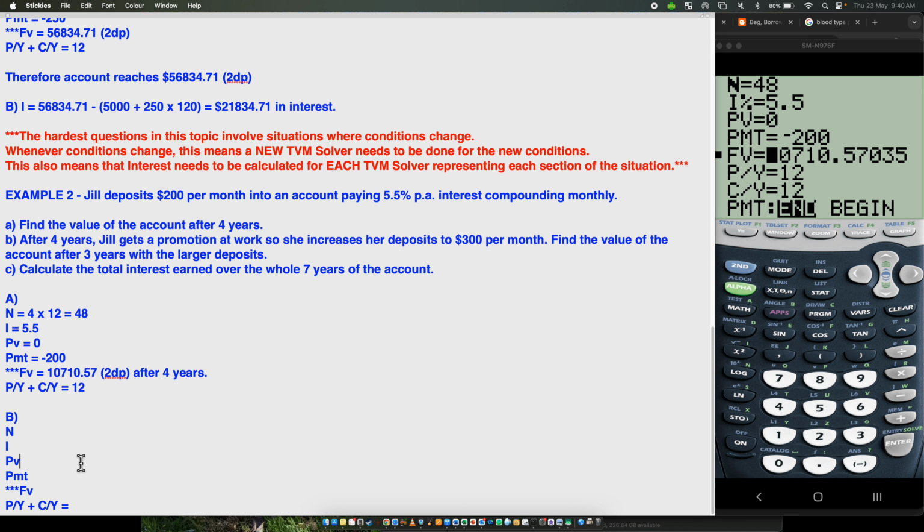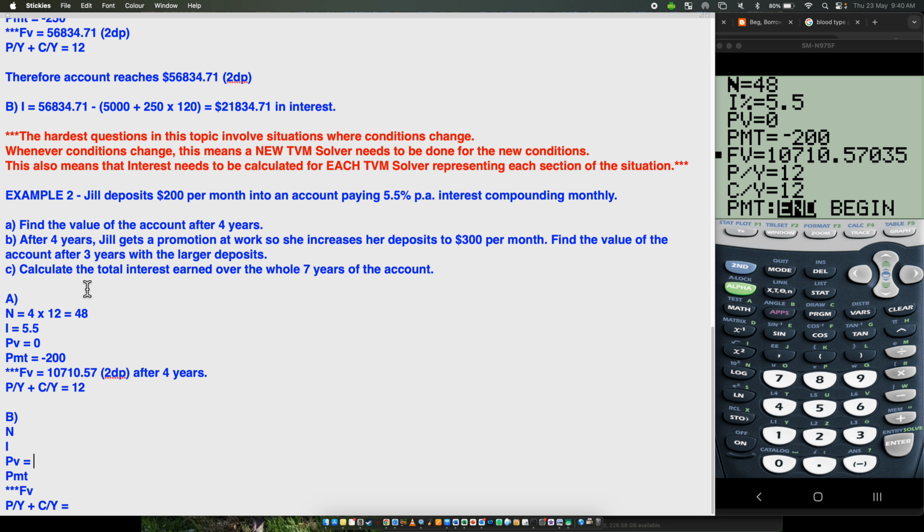This is the hardest part of this topic, because in your DI, to be able to push the highest grades, you need to show me a situation where there's at least 3 different conditions. But if you break it up and understand that I got my account up to this much, so that's where I start off the next time, it's not that hard. It's just time consuming, okay?